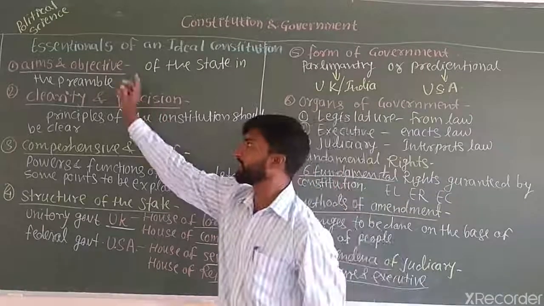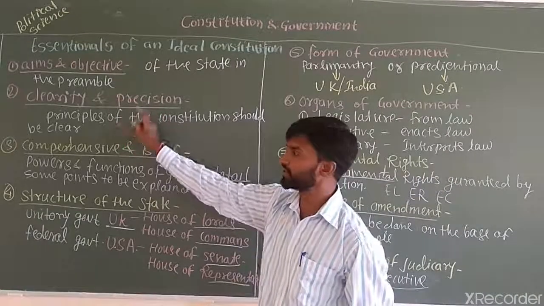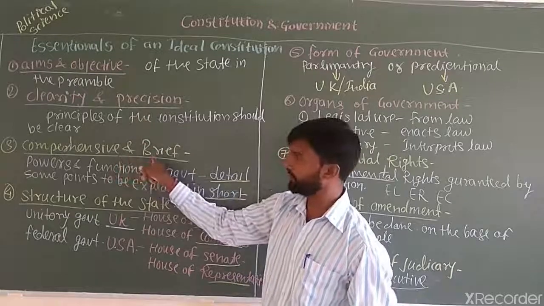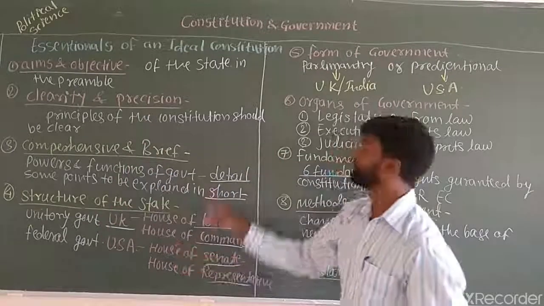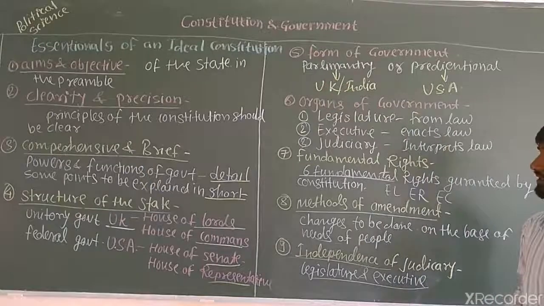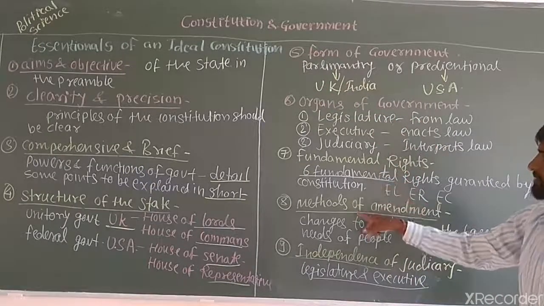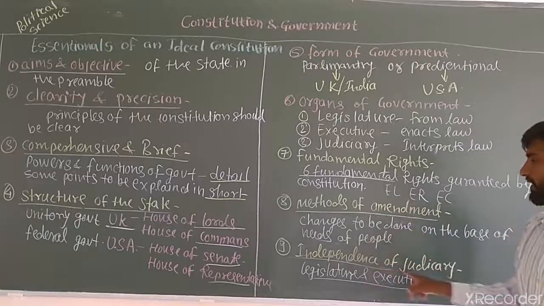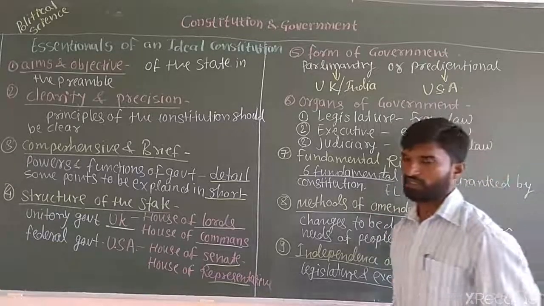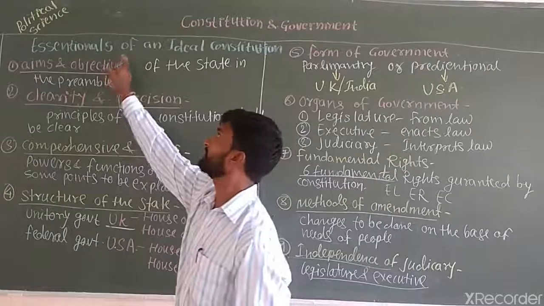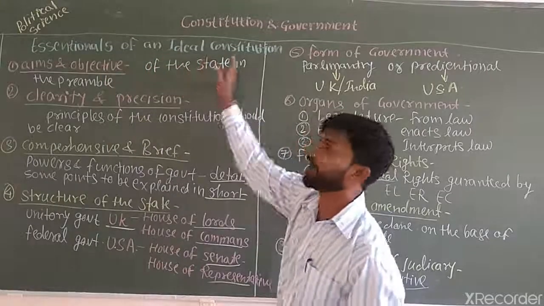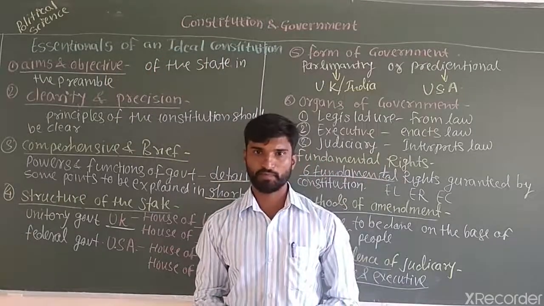So: aims and objectives, clarity and precision, comprehensive and brief, structure of the state, forms of government, organs of government, fundamental rights, methods of amendment, and independence of judiciary. These points tell us about an ideal constitution.